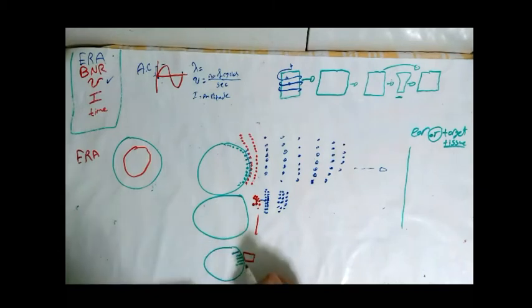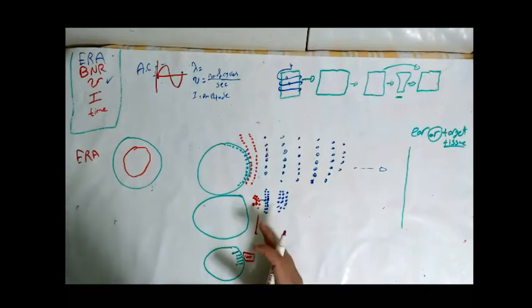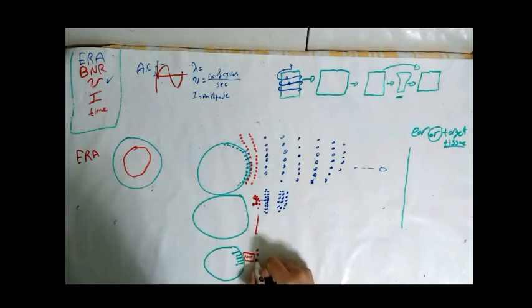So this low pressure area will cause an attraction force and pulling of these atoms backward. So these atoms will move backward.